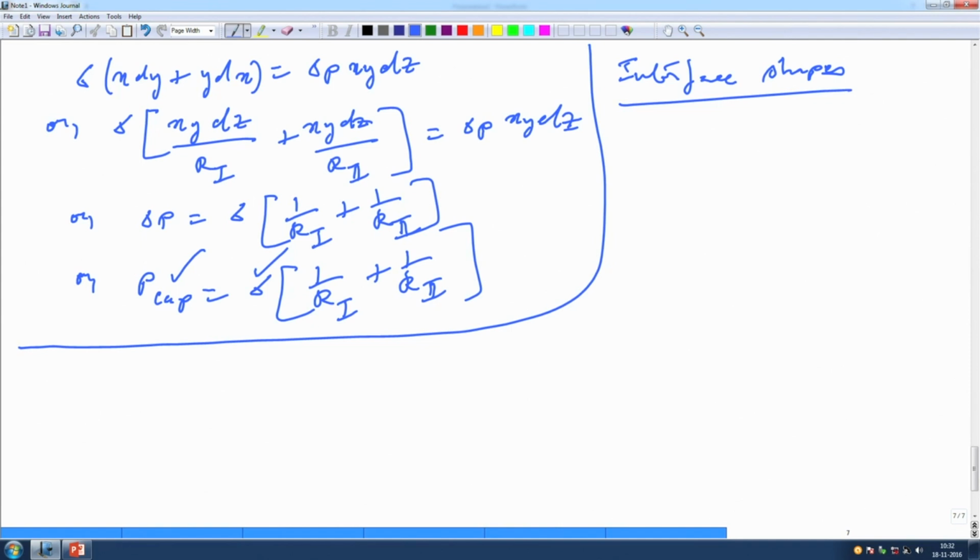We can demonstrate it in multiple ways, but the interface shape needs to take into account the surface tension effect, like what surface tension does to the interface shape. Surface tension affects the liquid vapor interface.